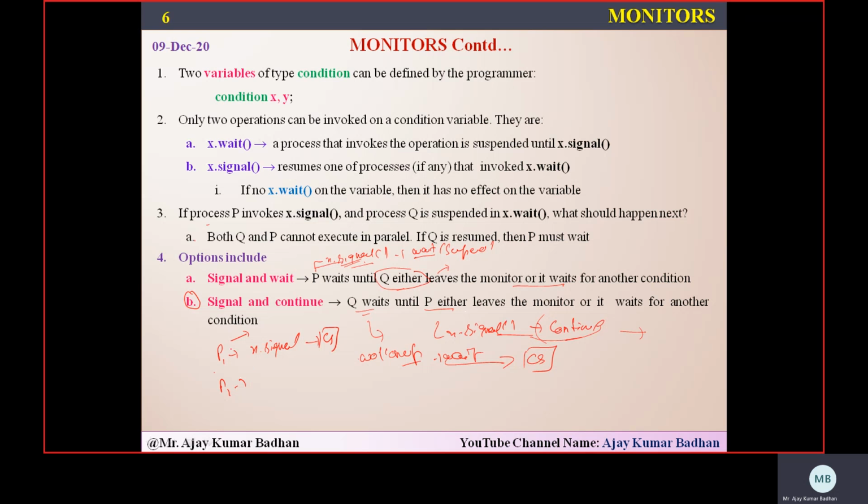So he will give the signal, saying I am going out, but he will continue performing the operation, complete the entire task, and then come out. Then process P2 can enter into the critical section. So this is nothing but Q, and this is your P. You can give any variables, so don't get confused. These are the two options provided for overcoming this problem.